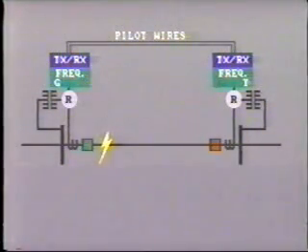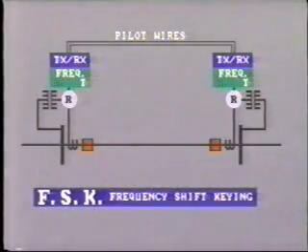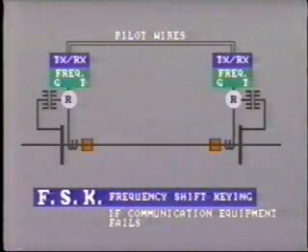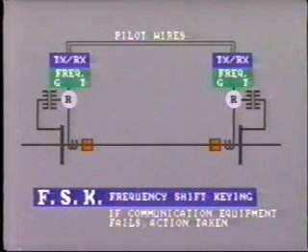This is known as shift keying the frequency. The receiver at the far end responds to the change in frequency and initiates appropriate action. This system is called FSK, frequency shift keying. It has the advantage that if the communication equipment fails at any time, loss of the continuous guard signal will be noticed and appropriate action taken.